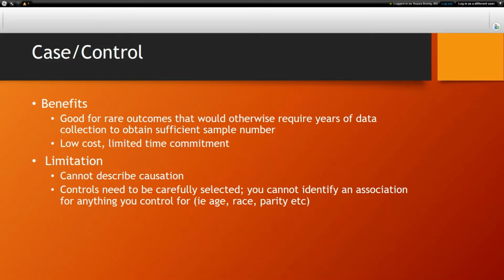Now, if you do the reverse, let's say you're looking at preeclampsia and non-preeclampsia, and you're looking at the incidence of diabetes, you might say, look, among women with preeclampsia, 50% of them had diabetes, and among women without preeclampsia, only 10% had diabetes. So there's a higher rate of diabetes in those with preeclampsia. That formulates your next study design, that maybe diabetes is a risk factor for preeclampsia.